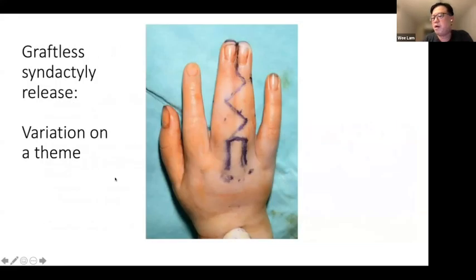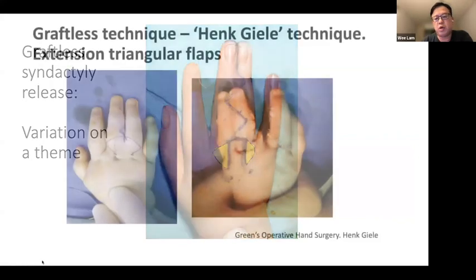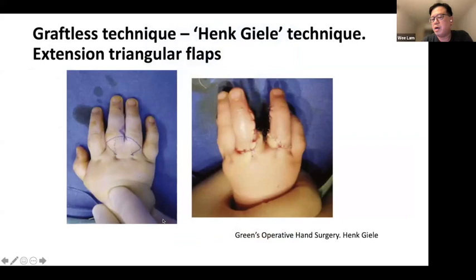So there are many different methods of doing a graftless syndactyly release. These are essentially variations on a theme. To cover the areas, we could take triangular extensions from the dorsal rectangular flap from the dorsum of the fingers. This is well described by Hank Gill.